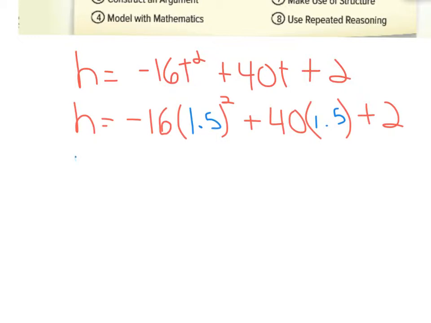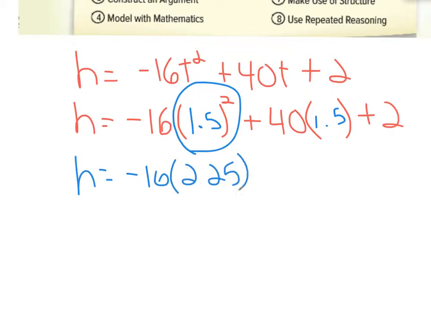So I have h equals -16 times a positive number, but this positive number is squared, so we have to multiply 1.5 times 1.5 into itself. Okay, so I have -16 and 1.5 times 1.5 is 2.25, right? Plus 40 times 1.5. 40 times 1 is 40, and 40 times a half is 20, so this would be 60 plus 2.